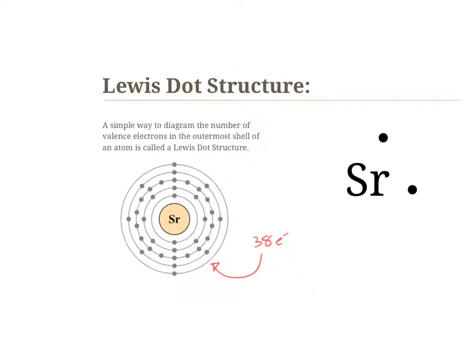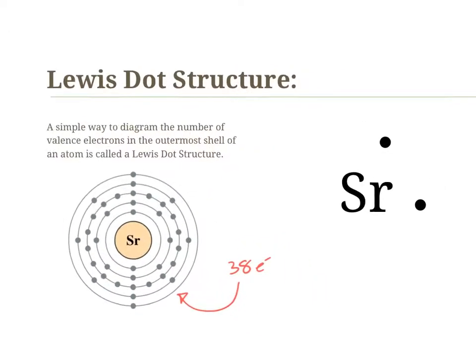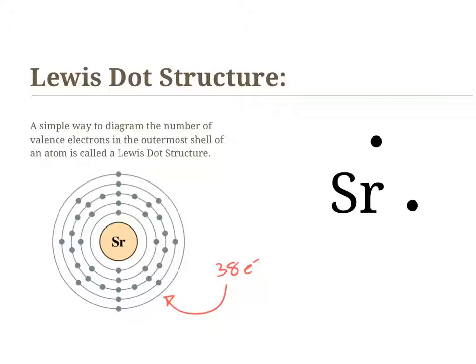Yeah. So in this case over here, I can see that strontium has 38 total electrons. But the outermost energy level is this one. This is my outermost energy level, and we also know that is the valence shell.